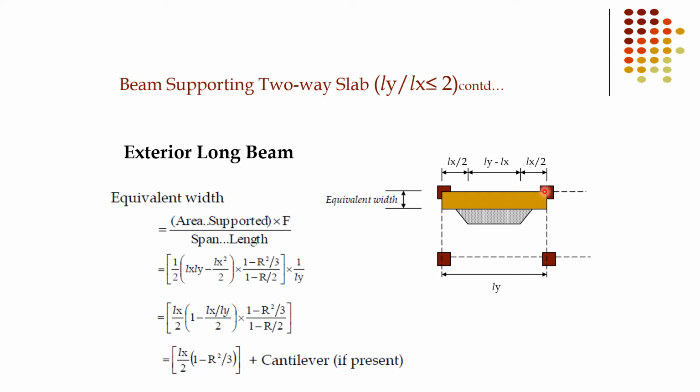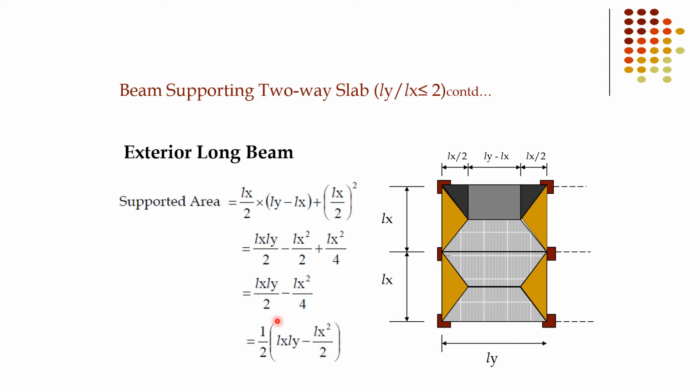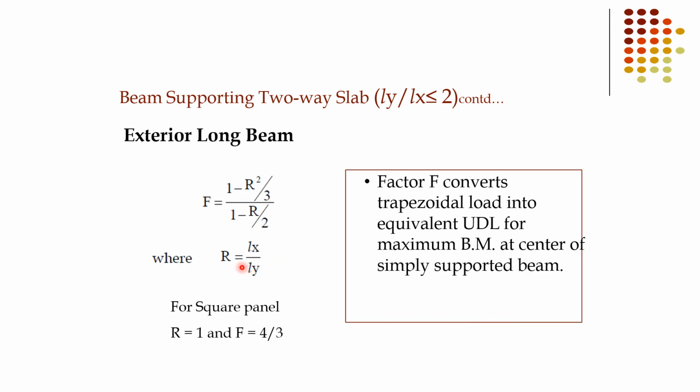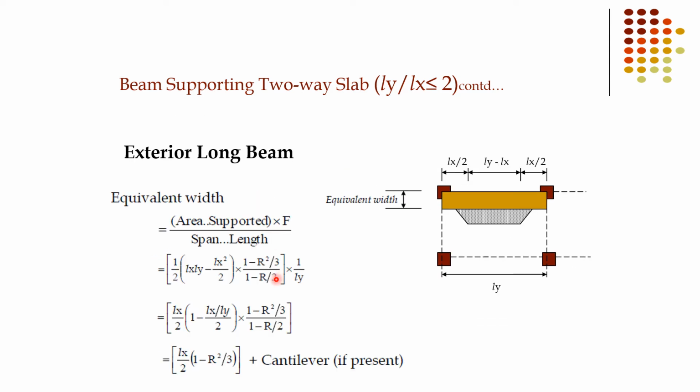For example, if you have the area of this, you will divide with this length, you will get this equivalent width. So that is the formula of the trapezoidal load, multiplied with f, that is a factor, and then divided by ly to get the equivalent width.